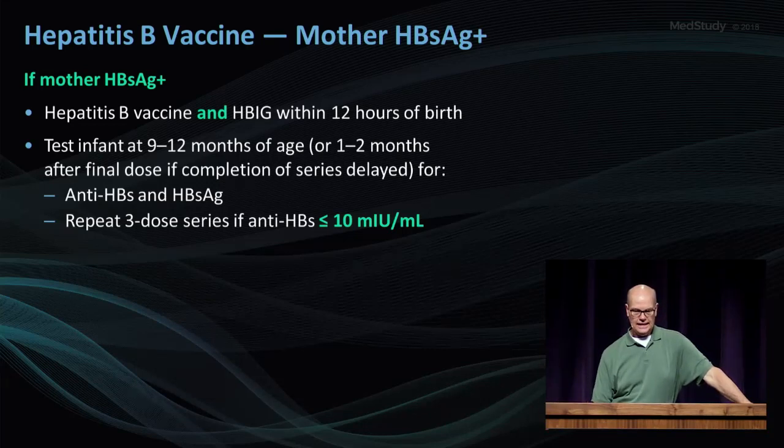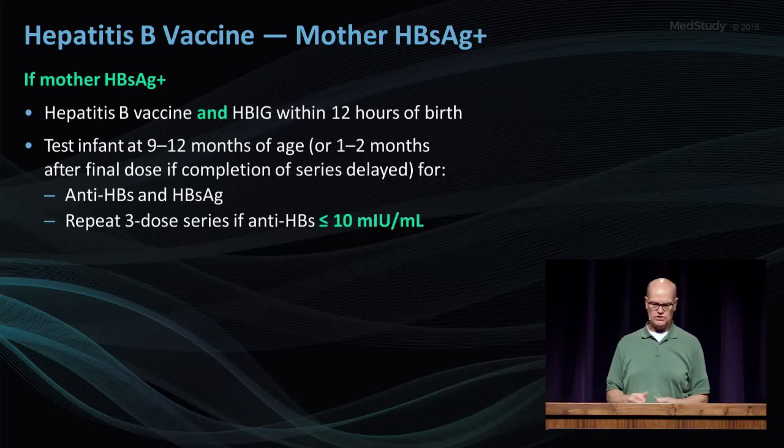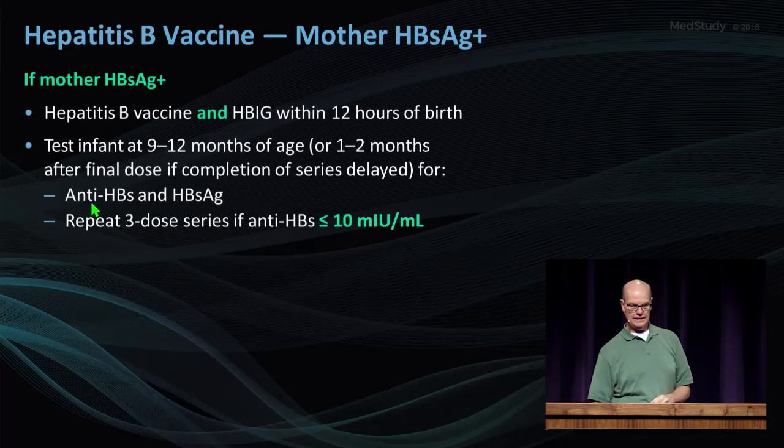Now, again, these infants, you're going to want to ask the question, did this vaccine work? And therefore, it is recommended that only if mom is surface antigen positive, those infants be tested at 9 to 12 months of age to be sure that they have antibody and hopefully that they don't have antigen.